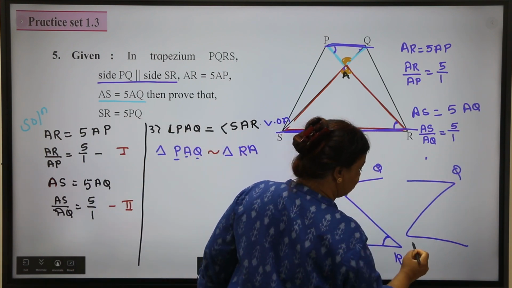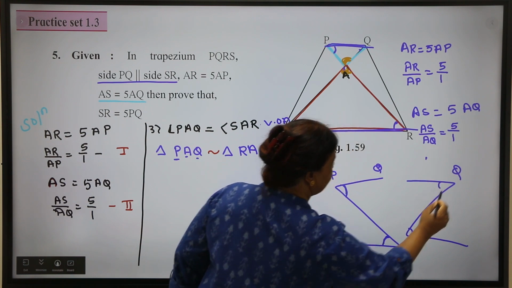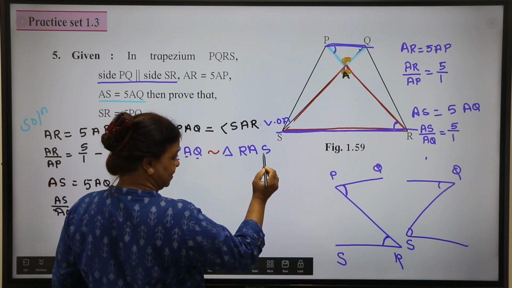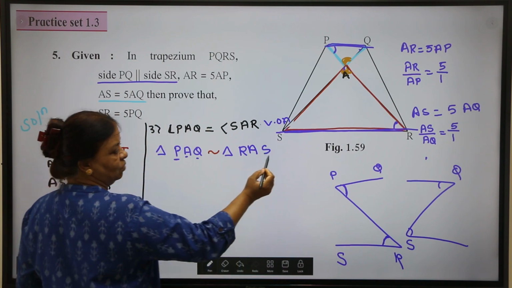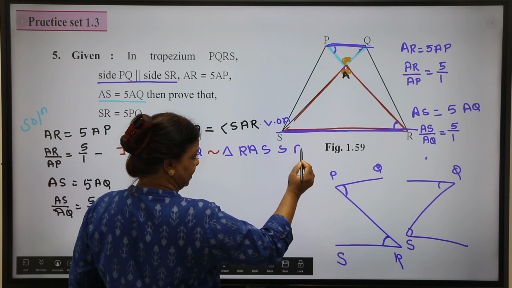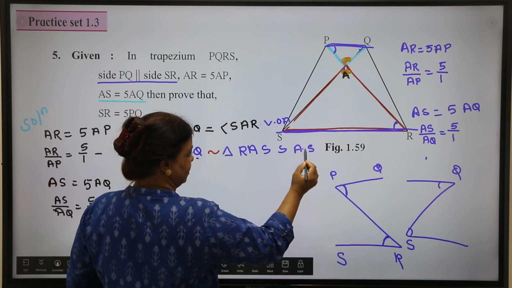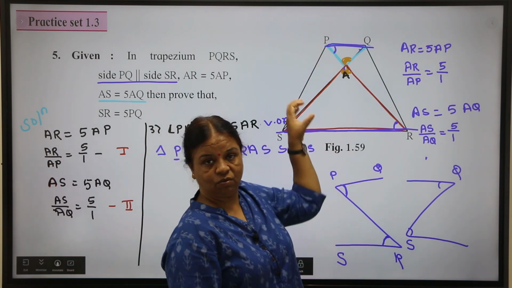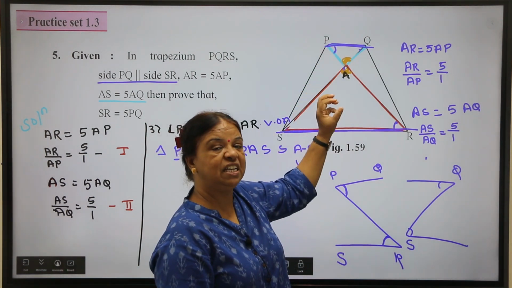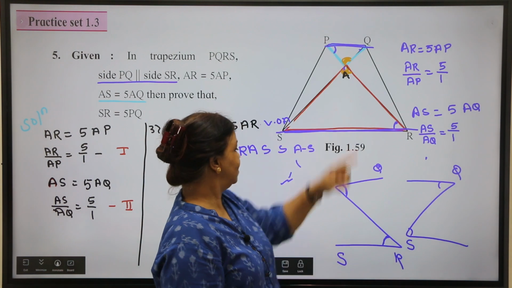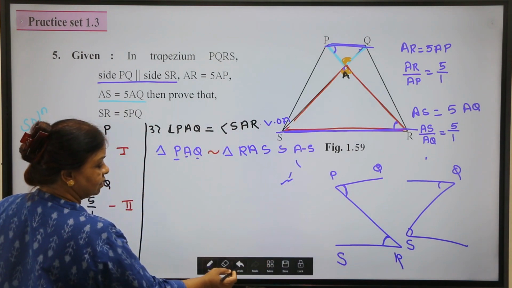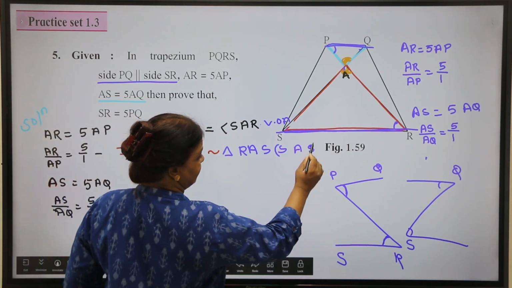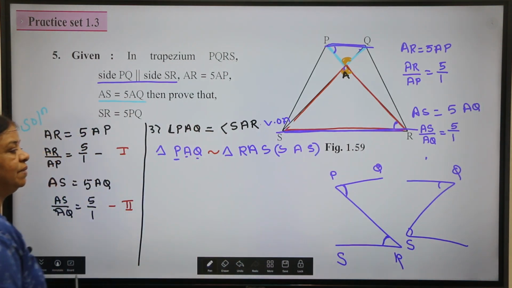Q will be equal to S, alternate angle. Clear? So therefore here it will be S. And these two triangles are similar by what? Side angle side test. Because two corresponding sides are in equal ratio, and in between those two corresponding sides one angle is equal. So the test of the similarity will be side angle side test. This will be the test of similarity.